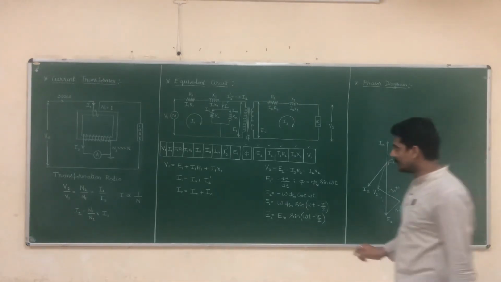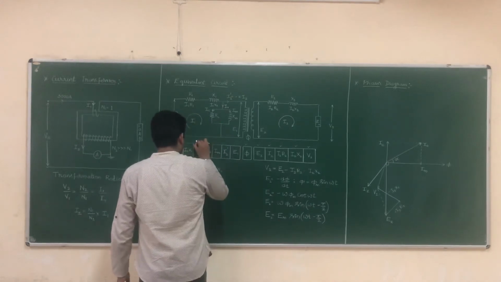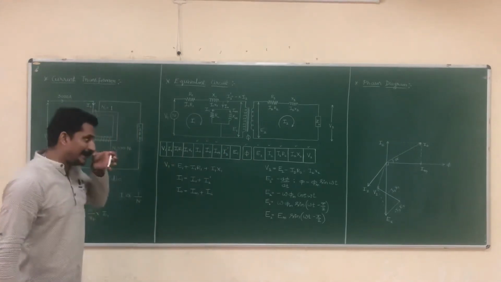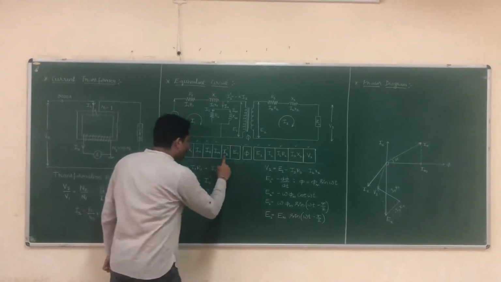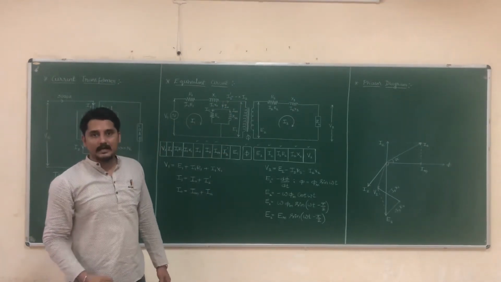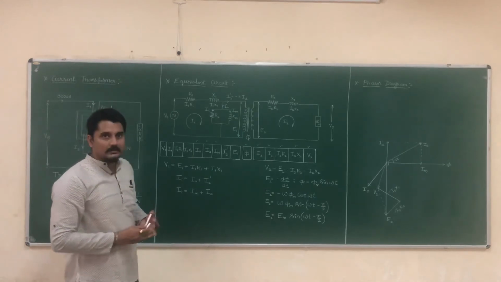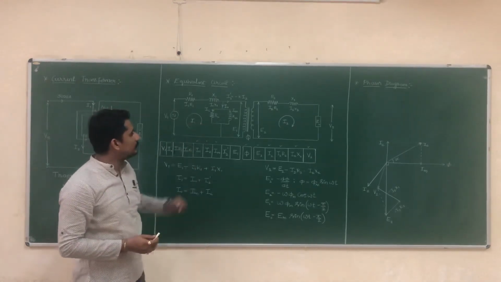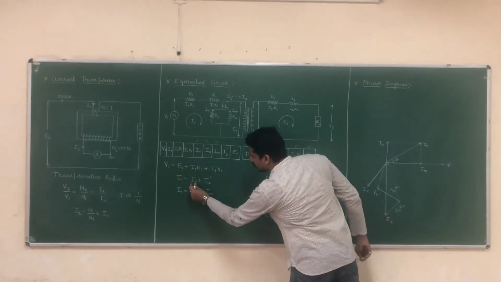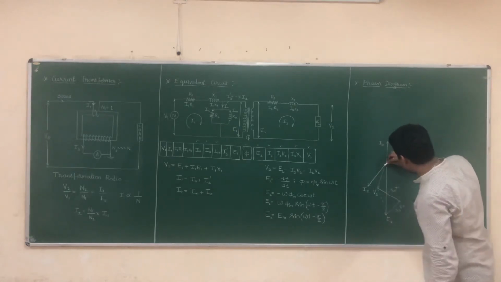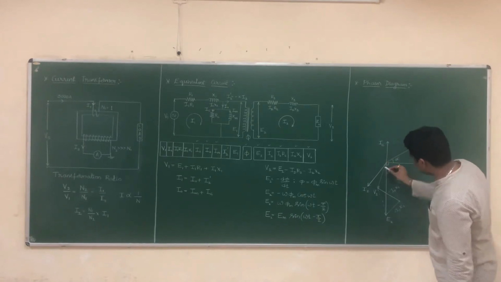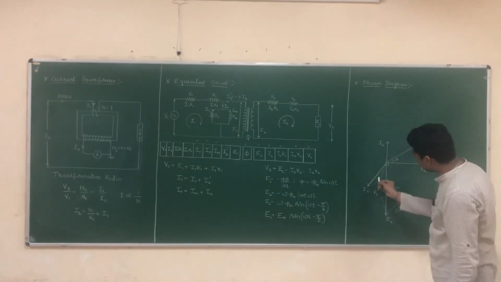Now I have written I0, I have got Ic, and Im. Now next, how to represent this I2 dash? I2 dash is nothing but minus k times I2, where k is the turns ratio. That is, I1 is the summation of I0 plus I2 dash. If I2 is flowing in this direction, then minus I2 should flow in the opposite direction.